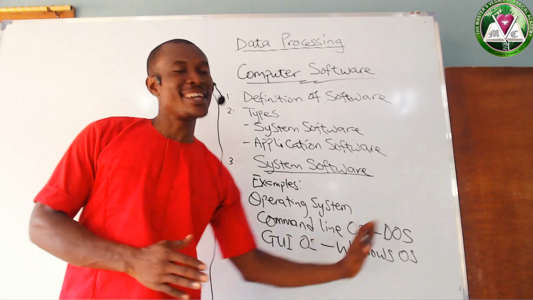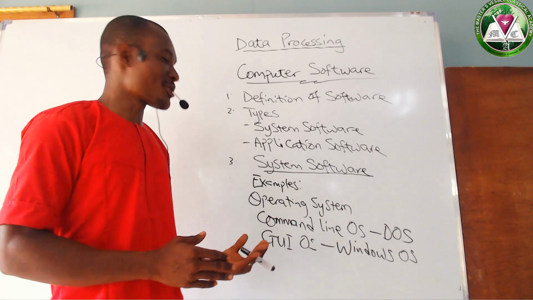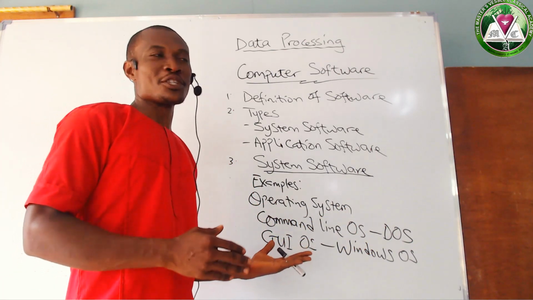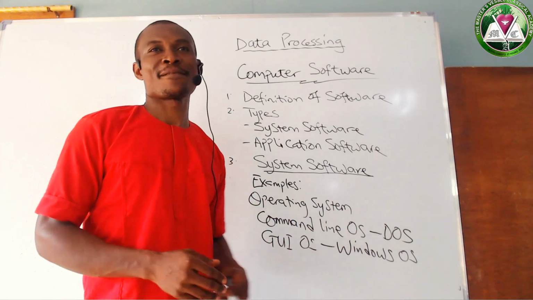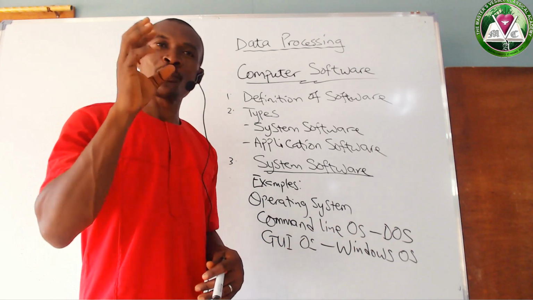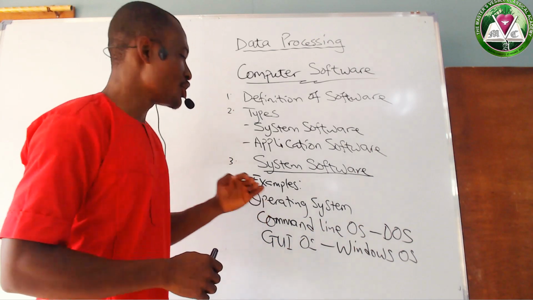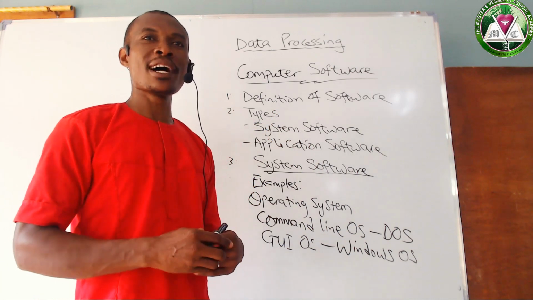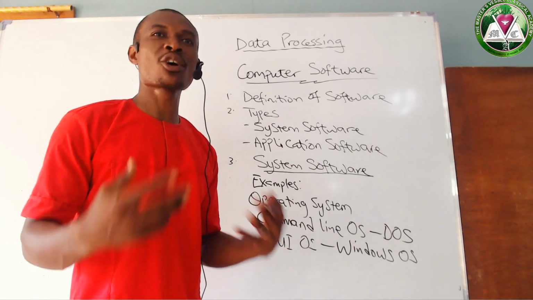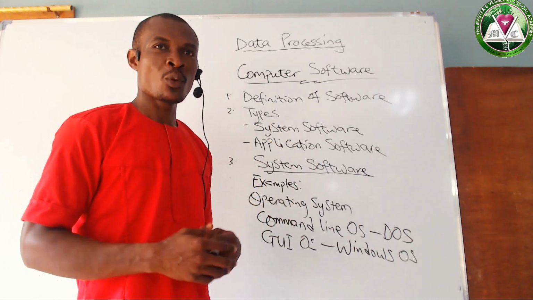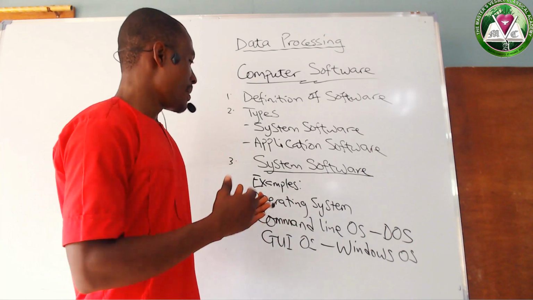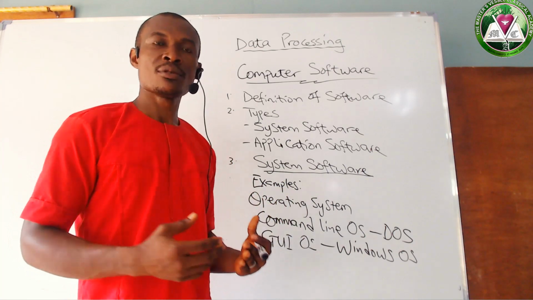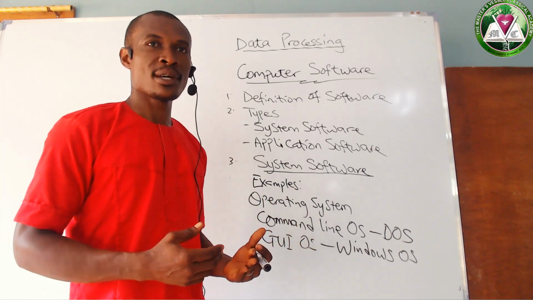Sometimes they will even eliminate the operating system side and just ask you, mention 2 features of GUIs. One of the features is that GUI operating systems provide the users with icons. Working with icons makes it fun to use the computer system.